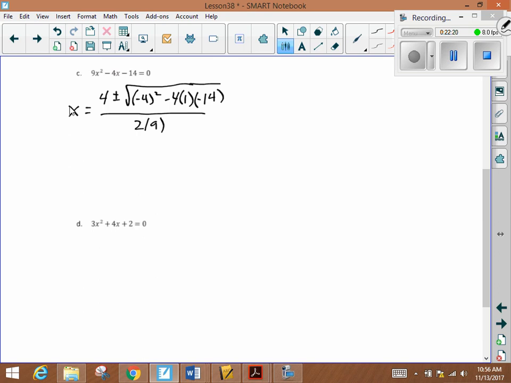Our discriminant in this case, let's go ahead and calculate that. That's what I do first anyways. The cool thing is we can calculate our discriminant all at once.